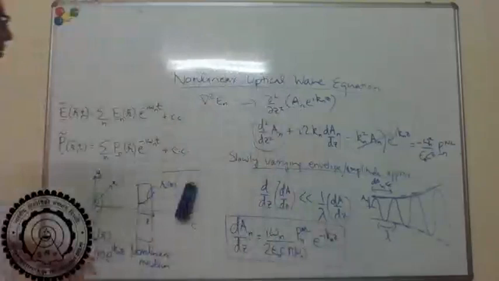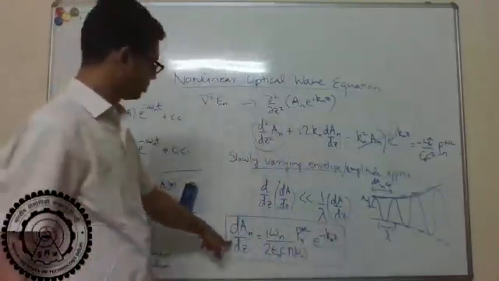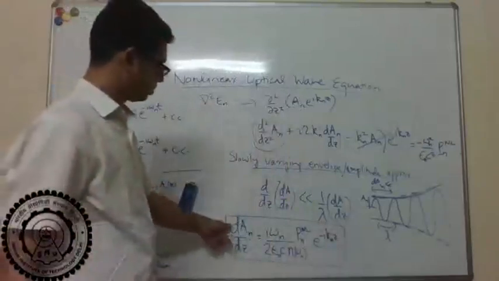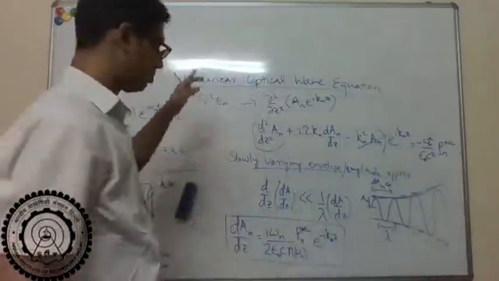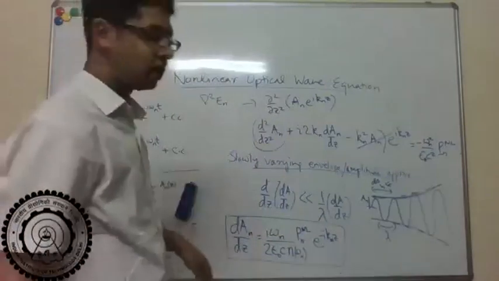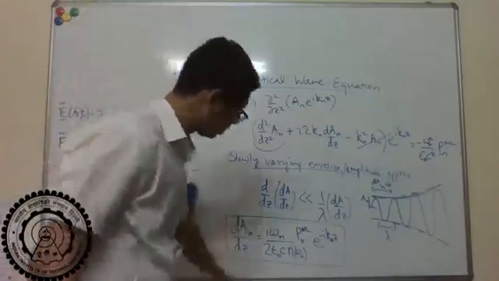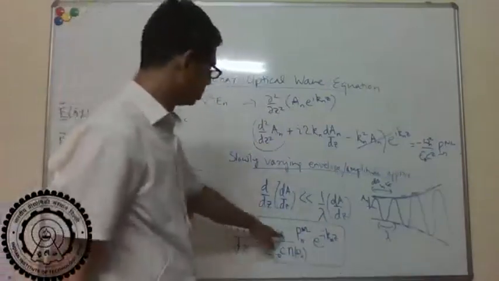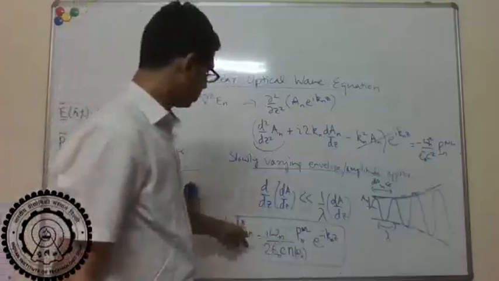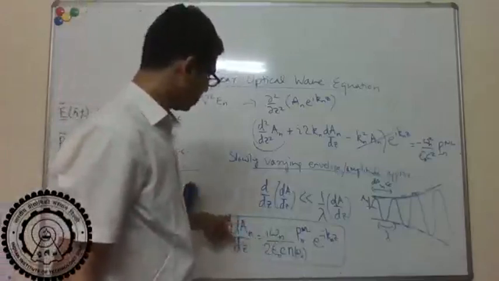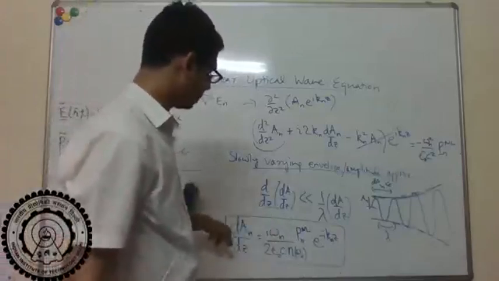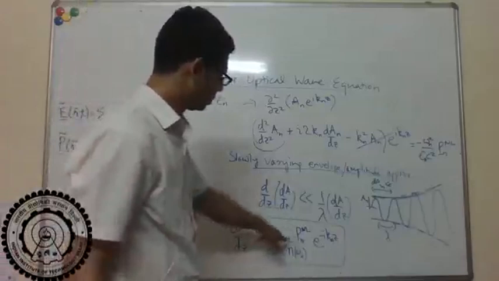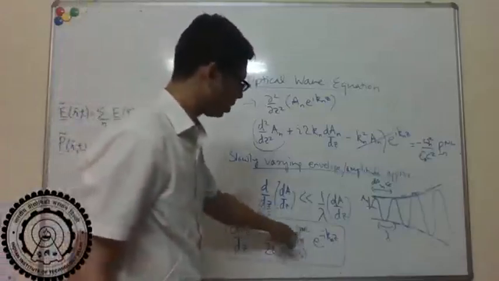You could have, let's say, n different waves propagating in the medium, so you have n different equations. The amplitude of each wave is now described by this simple linear differential equation, where on the right hand side I have the nonlinear polarization.